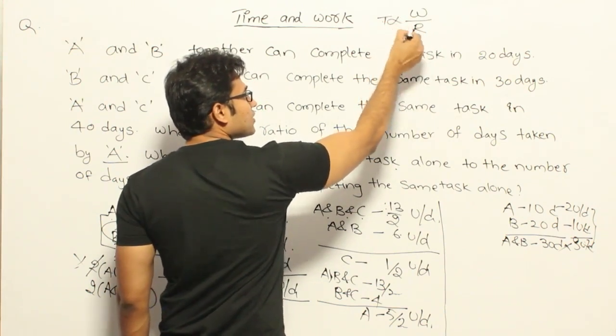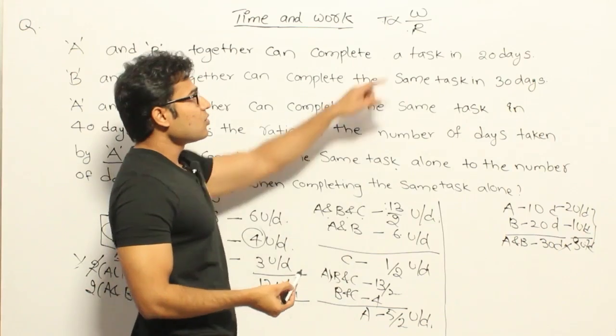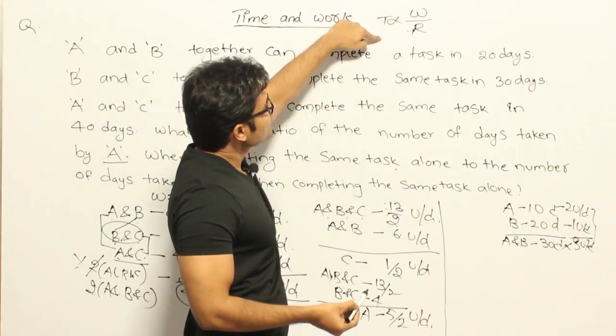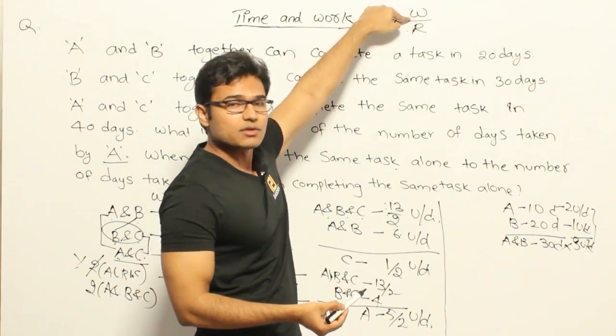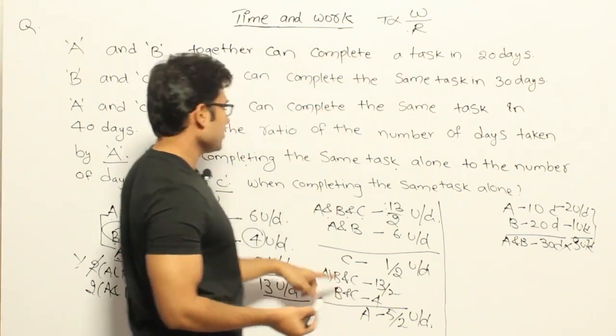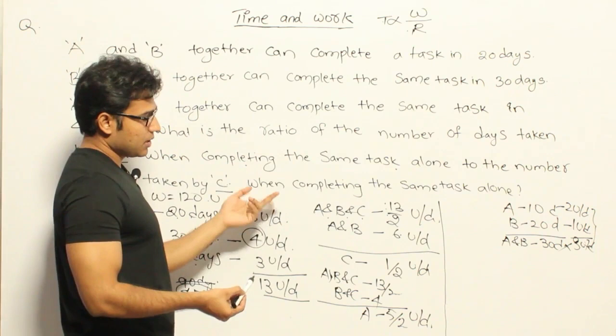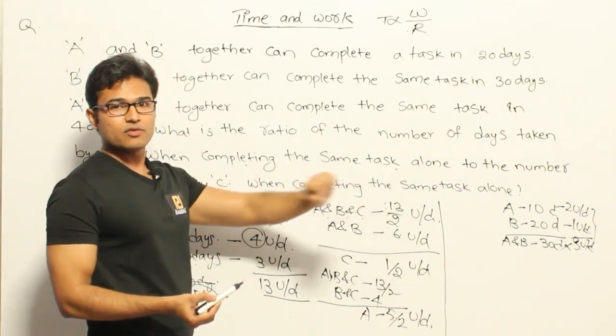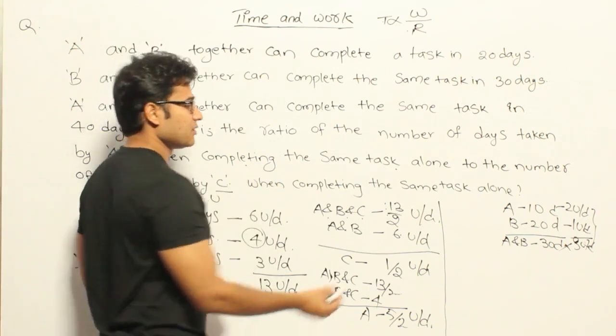Therefore, time is inversely proportional to the rate. So, and work is constant, isn't it? Therefore, T1 by T2 should be equal to R2 by R1. Therefore, the ratio of time taken by A to time taken by C will be equal to the rate of C to rate of A, isn't it?